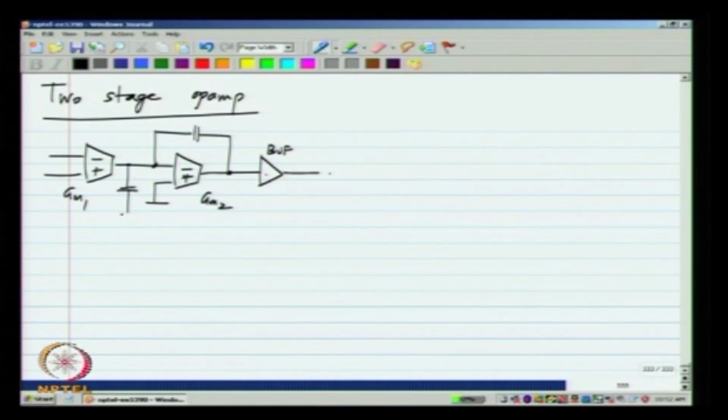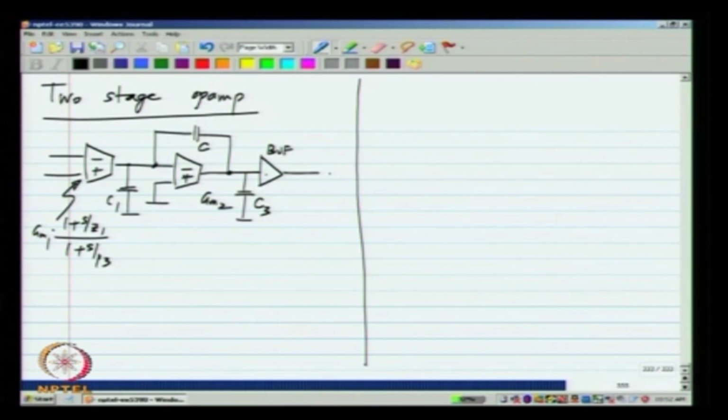We also have parasitic capacitances here and there. Okay. Let me just call it C3 and this is C. Now, this GM1 we know is not a memoryless GM1, but it has a pole and a 0. Okay. These are the results that we have already derived for the 2-stage op amp. You can go back to those lectures and revise it if you wish to.